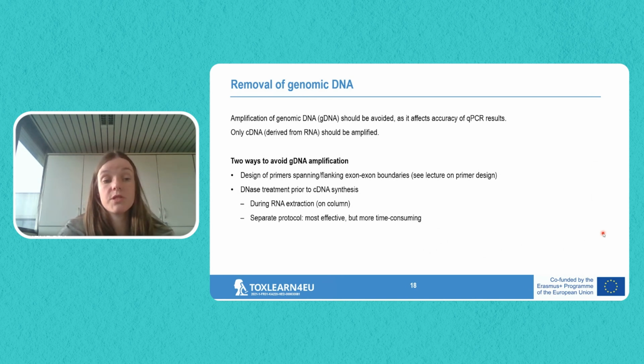With the qPCR reaction later on, we only want to amplify cDNA, which we will generate in the next step, because cDNA is derived from our messenger RNA, and this is what we want to investigate. So to avoid amplifying genomic DNA during a qPCR reaction, we first need to remove genomic DNA.